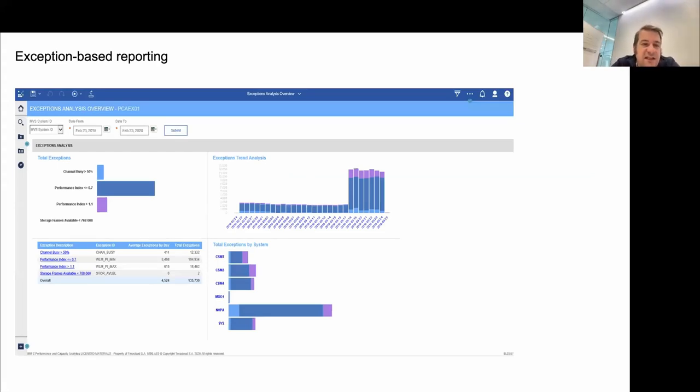We can tie this together with things such as exception-based reporting, which IZPCA has as well. This has been in the product for many years, and it's not so much alerting in the same way that your monitor might be, in terms of, I want to respond to a particular incident and I want to respond to it now.